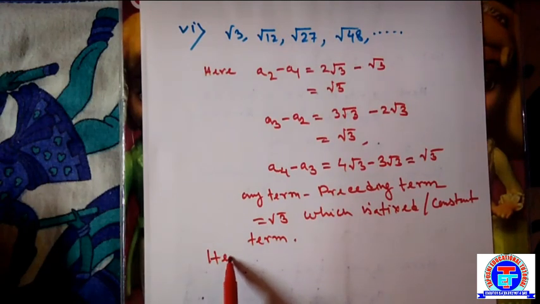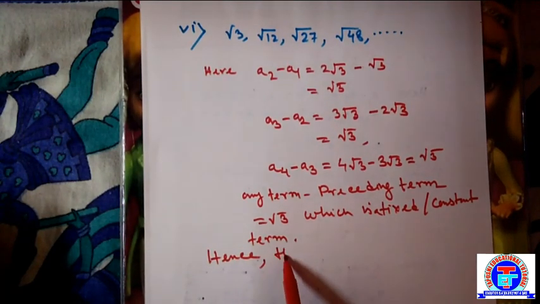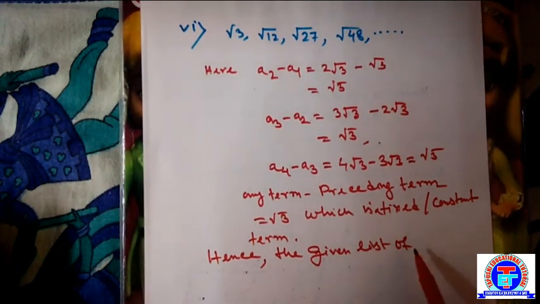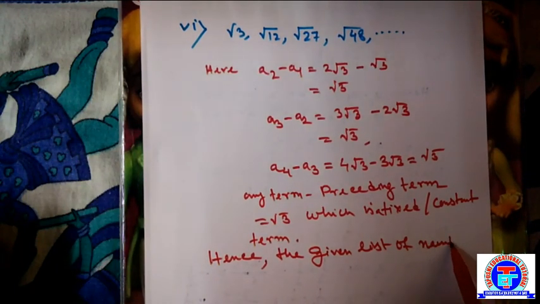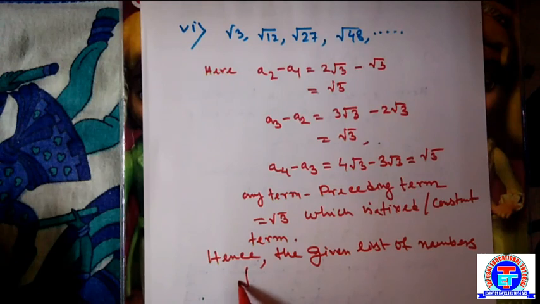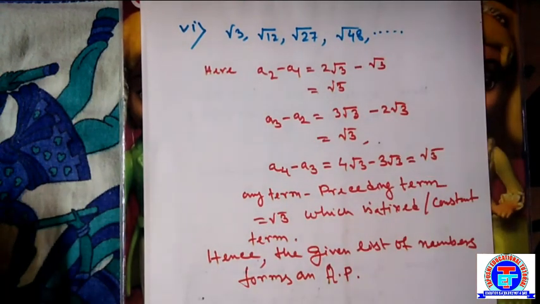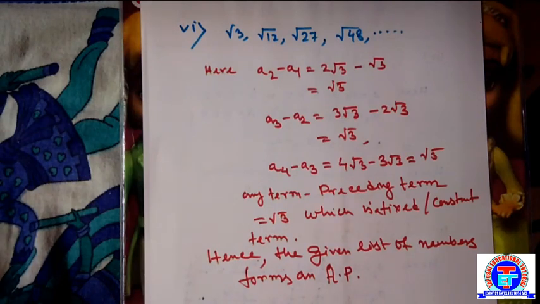Hence the given list of numbers is from an AP. Right? So this example helps you, student, to improve your understanding of the arithmetic progression.